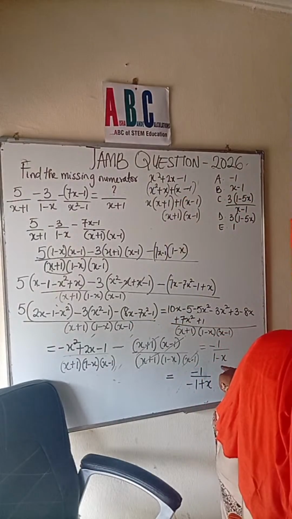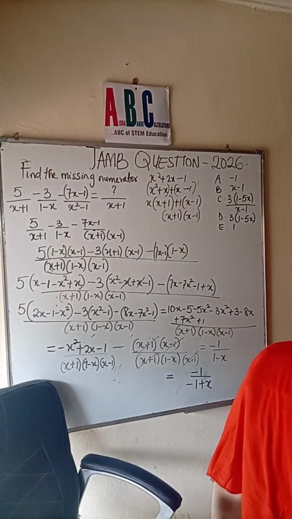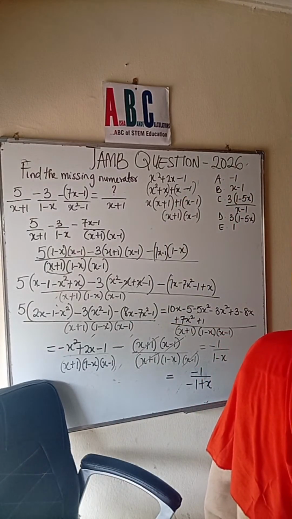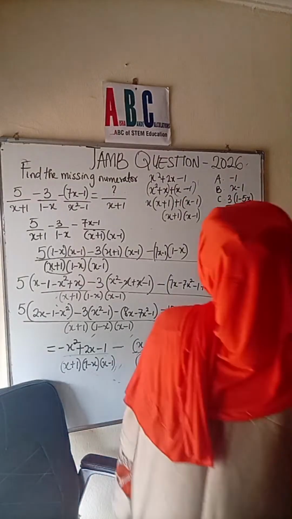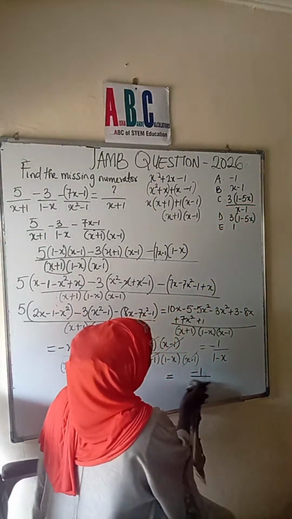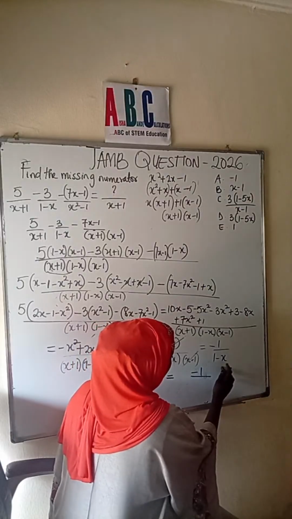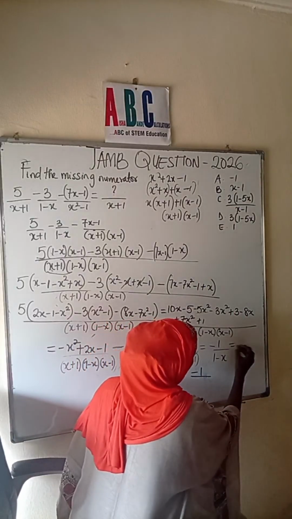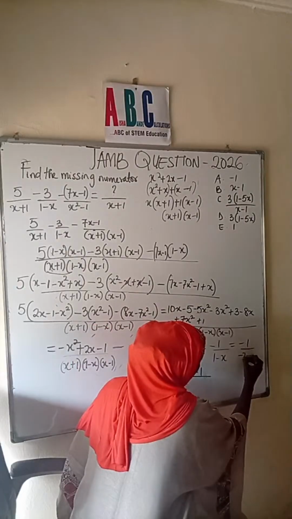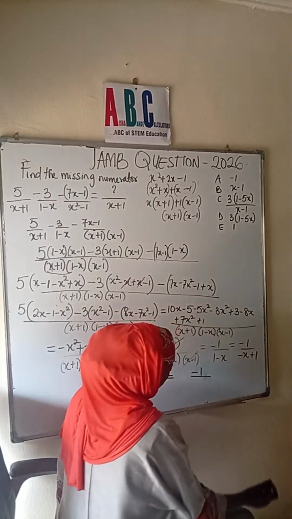If I try to put this in a bracket, what if I decide to put this in a bracket? And what if I decide to write it this way? What if I decide to write this like this? This can also be written as minus 1 over minus x plus 1, right?